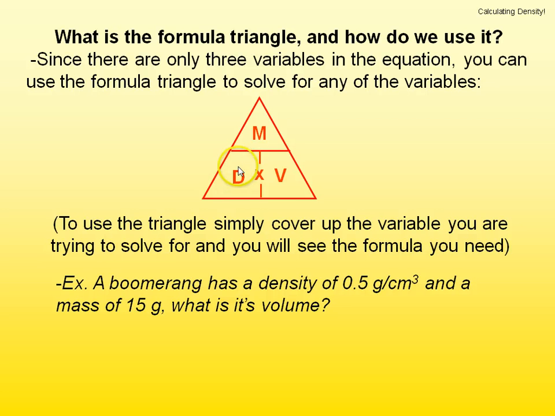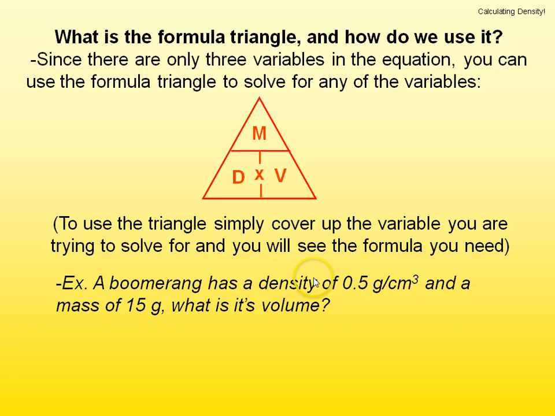If I wanted to find density, I would cover up the D, and I would see the formula mass divided by volume. If I wanted to find the mass, I would cover up the M, and I would see density times volume. So there you go, pretty simple to use. So this is our dividing line, and then we multiply these two together.